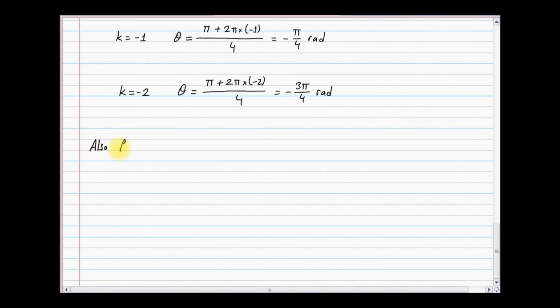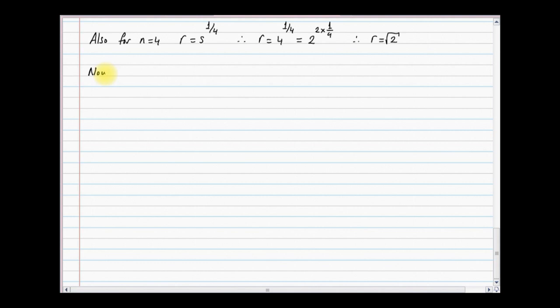Also, for n equals 4, r is equal to s raised to the power of 1 over 4. Therefore, r is equal to 4 raised to the 1 over 4, which is equal to square root of 2.